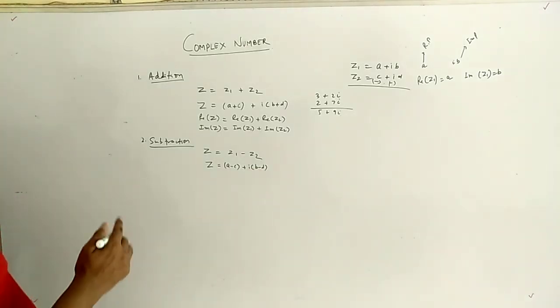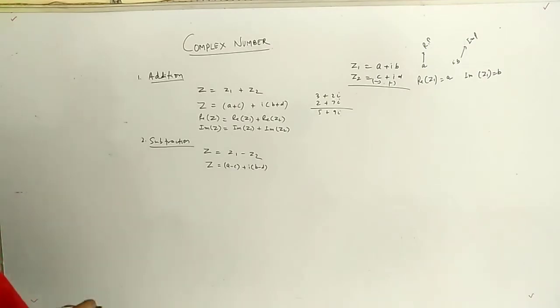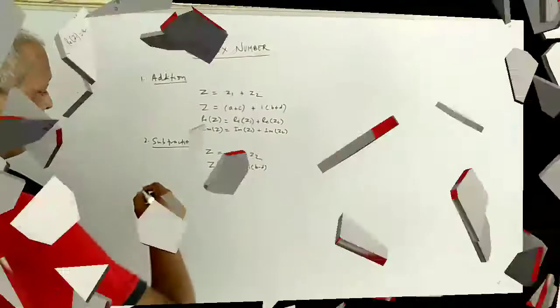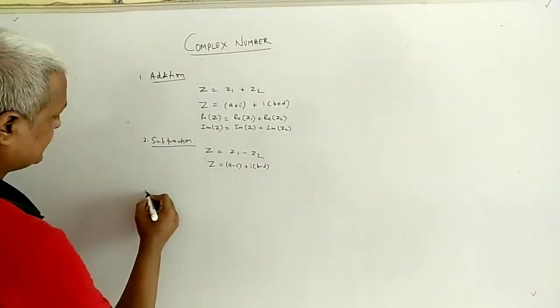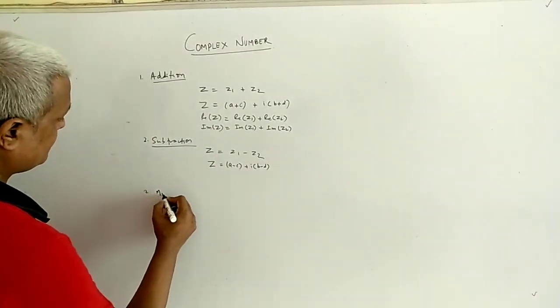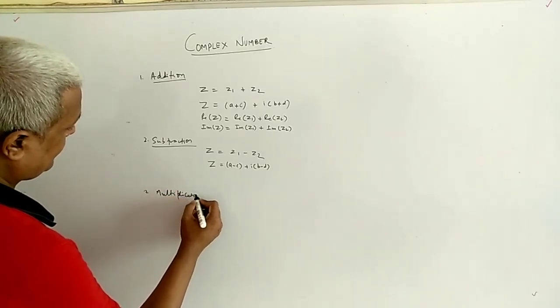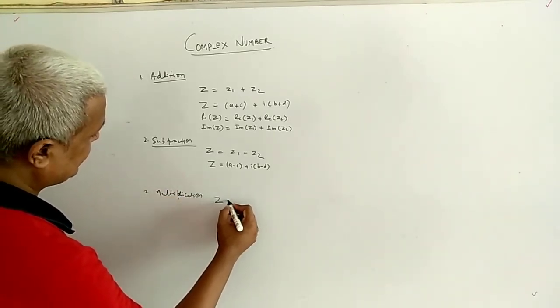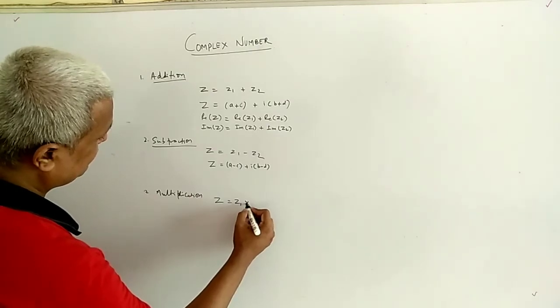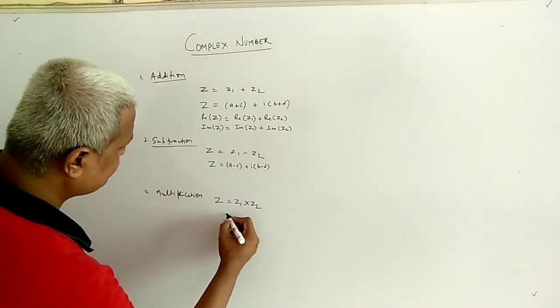Now multiplication is a little tricky, so I want to clear that part of the screen. Multiplication: Z is Z1 into Z2.